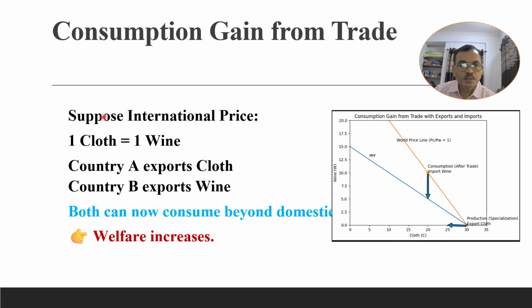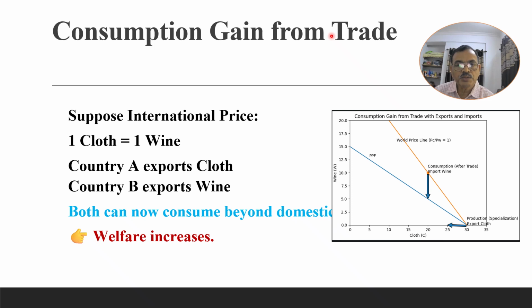Suppose the international price is defined as 1 unit of cloth equal to 1 unit of wine. Country A exports 10 cloth and it receives 10 wine. Country A can now consume 20 cloth and 10 wine.